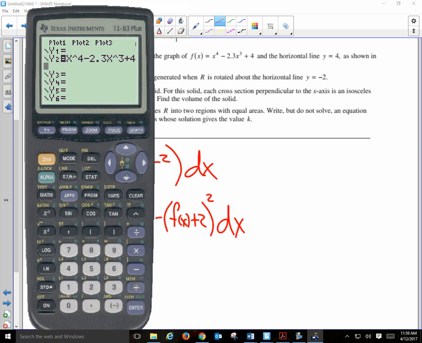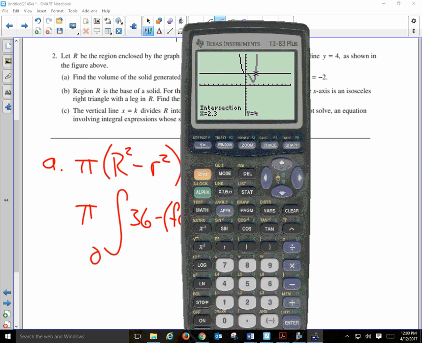And then y sub 3, I'll make that 4. I'm going to leave y sub 1 open. Zoom standard. And I've got to find the intersection point. So second, calculate number 5. I'm going to go close to that intersection point. Right about there. And I get 2.3. Cool. So 0 to 2.3.